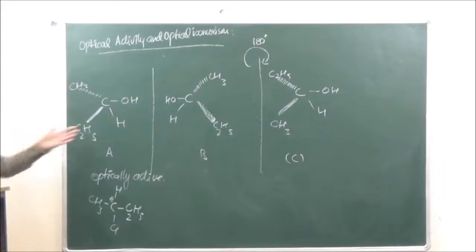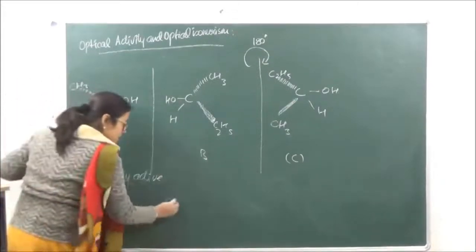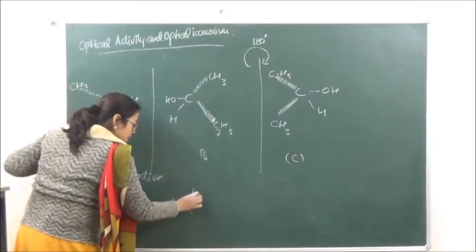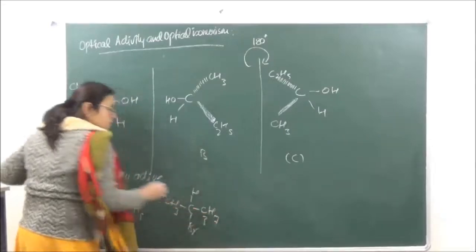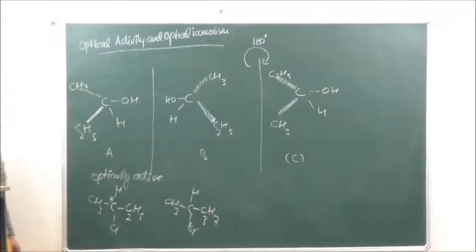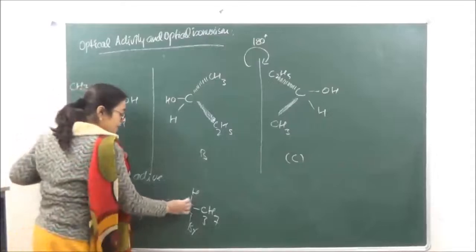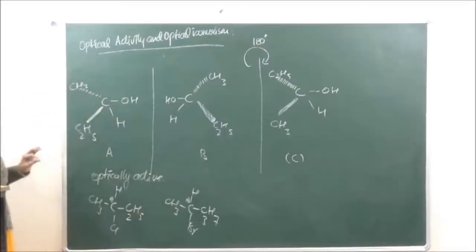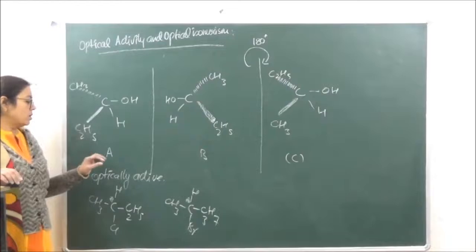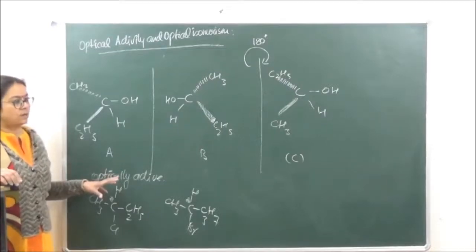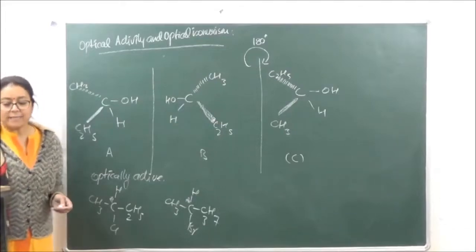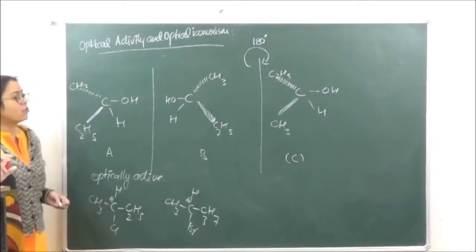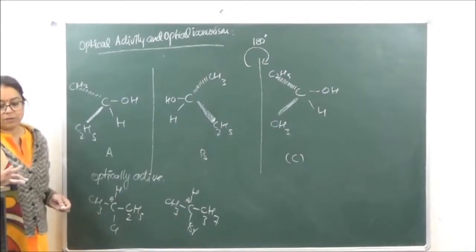Then we have butan-2-ol which we have already seen. We have 2-bromopentane. Right? Again, this is a chiral carbon atom. The chiral carbon atoms are generally depicted by a star. Okay, so all these which are going to have an asymmetric carbon atom are going to be optically active.